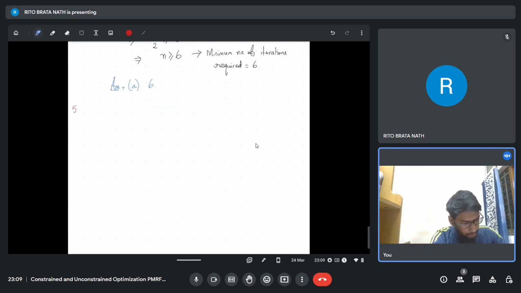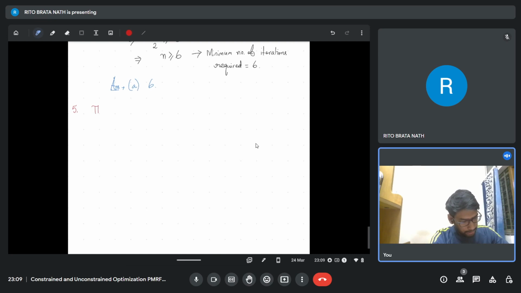The fifth problem is again related to the dichotomous search method. Now we have a function that you have to minimize, and the delta values and everything are given.